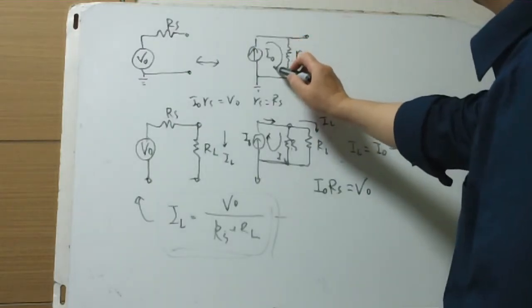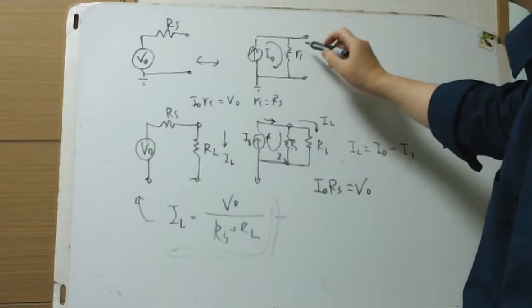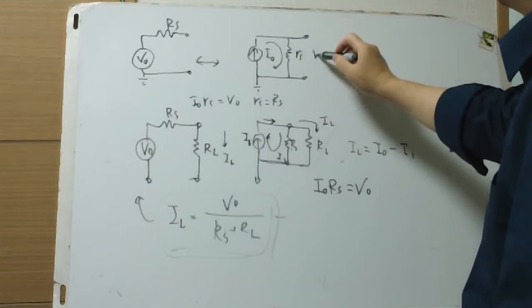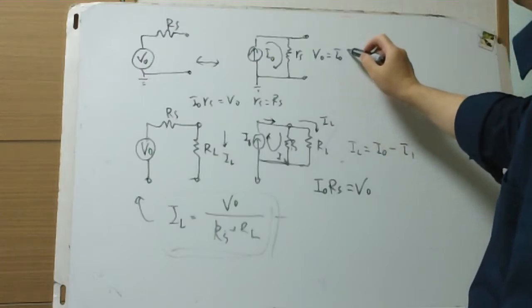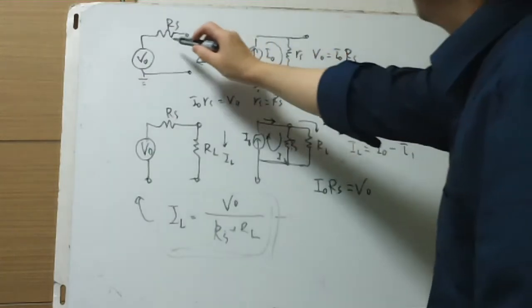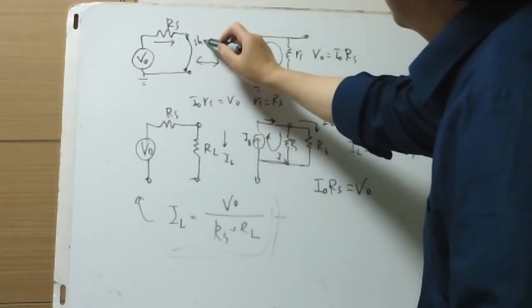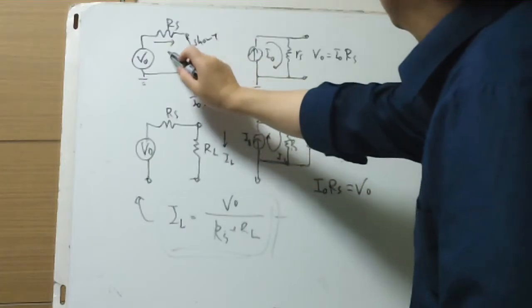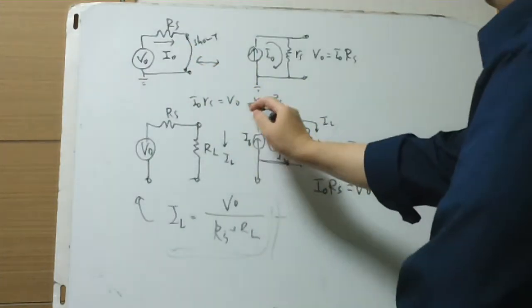This current looping here, this voltage is VO, and I call it I0 RS, and this current, if shorted, this I0 is V0 over RS.